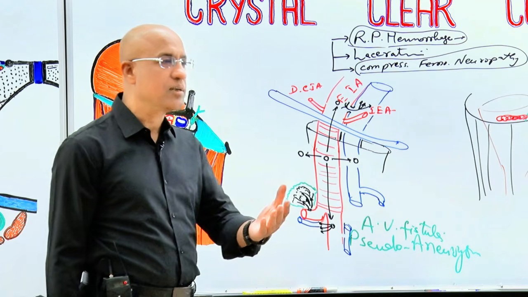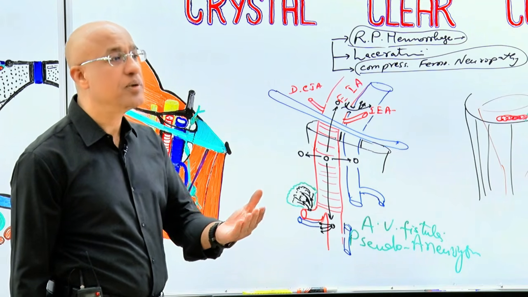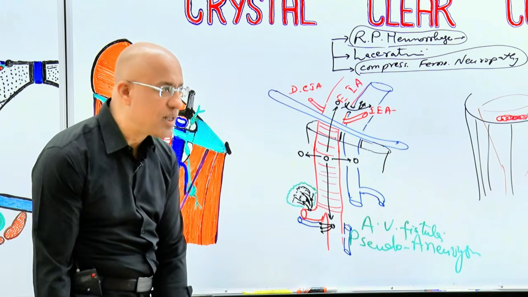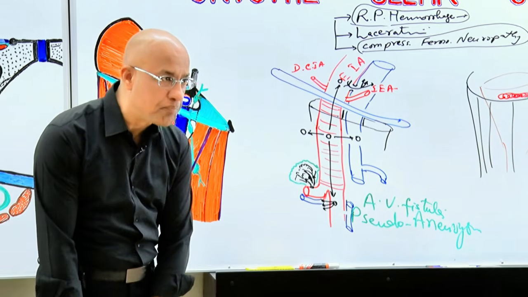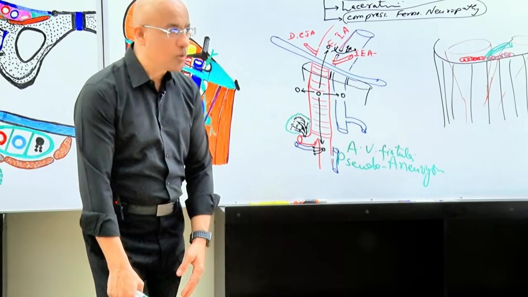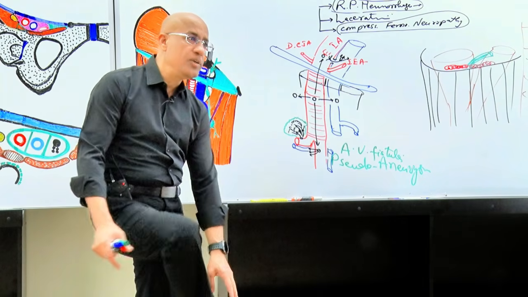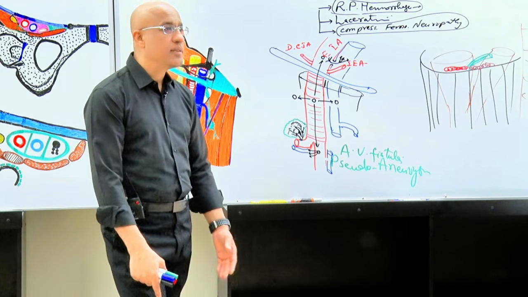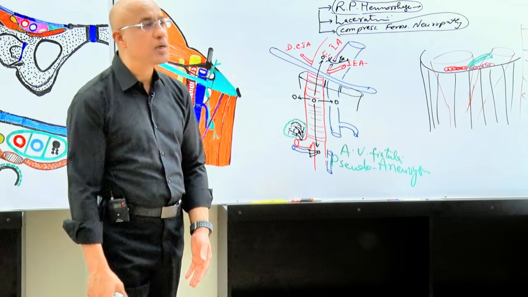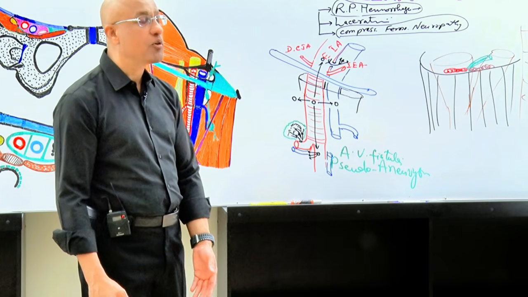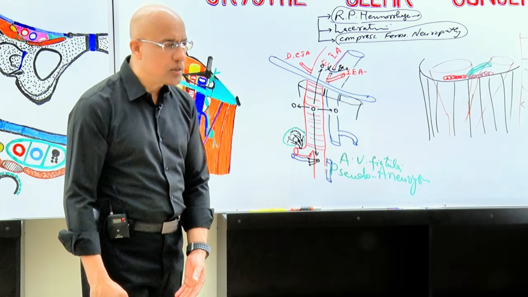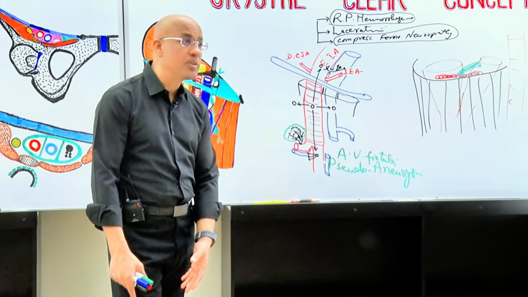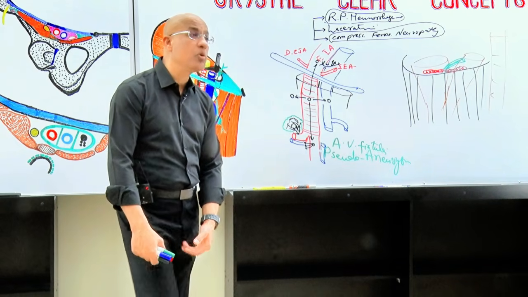I will have a separate lecture on the features of limb ischemia, which clinically presents with pain in the involved area, and the involved area becomes pale as compared to the counterpart, and distal pulses become absent or very weak, or there may be paresthesias due to ischemia to the cutaneous blood vessels and cutaneous neuronal system, or there may be paralysis due to ischemia to the muscles and motor nerves, right?